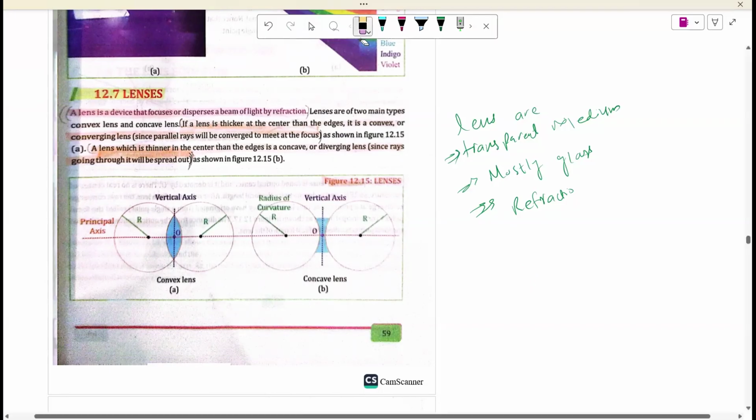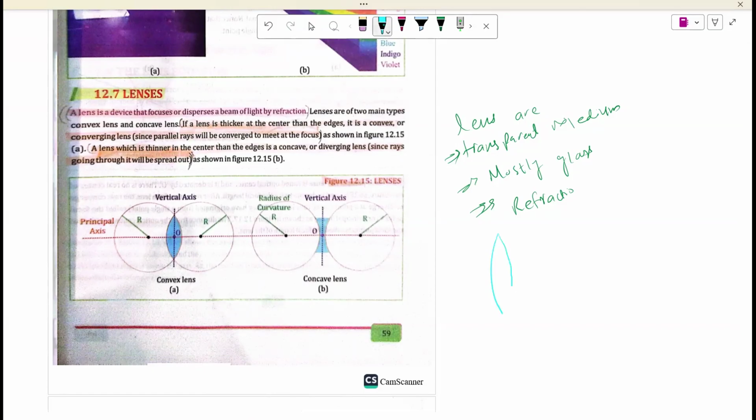Okay, if this is convex lens, and this is also known as converging lens, and this is concave lens, also known as diverging lens. Why do we call it converging and diverging?